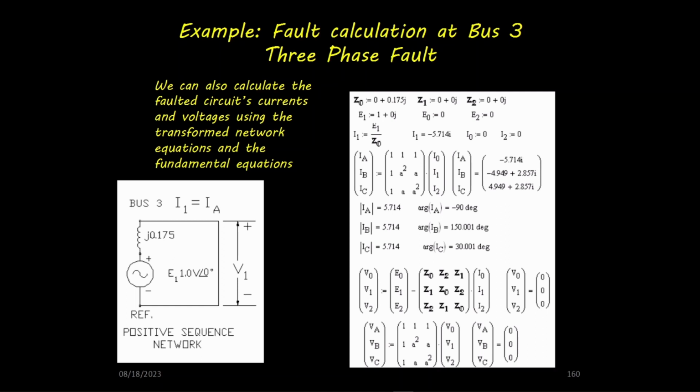Using the fundamental equations, we can calculate the phase currents IA, IB, and IC. Entering the sequence currents into the network sequence equations, we can calculate the sequence voltages. Then using the fundamental equations, we can calculate the phase voltages. In the case of the bolted three-phase fault, the phase voltages are zero.